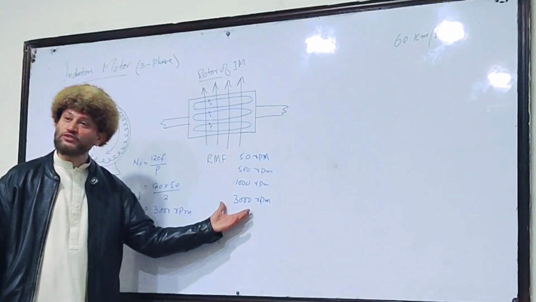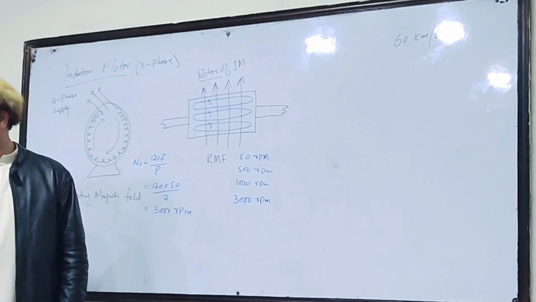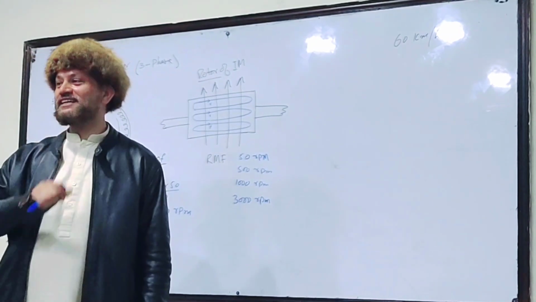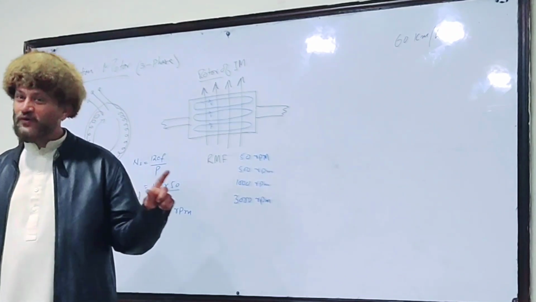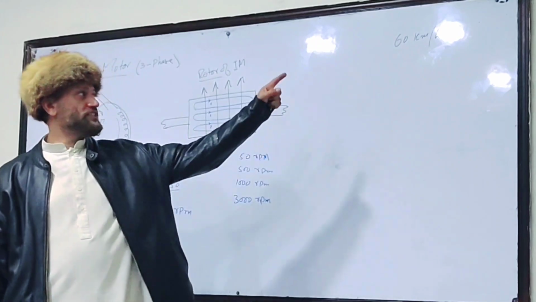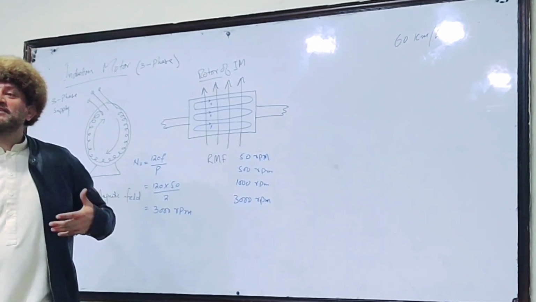More than 3000 revolutions per minute, it acts like a generator. It is called an induction generator. Now, when I exceed the speed of 60 km per hour, this motor acts like a generator.